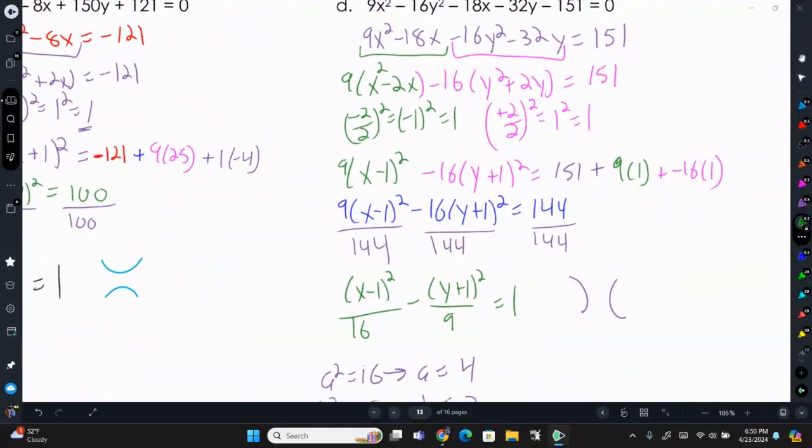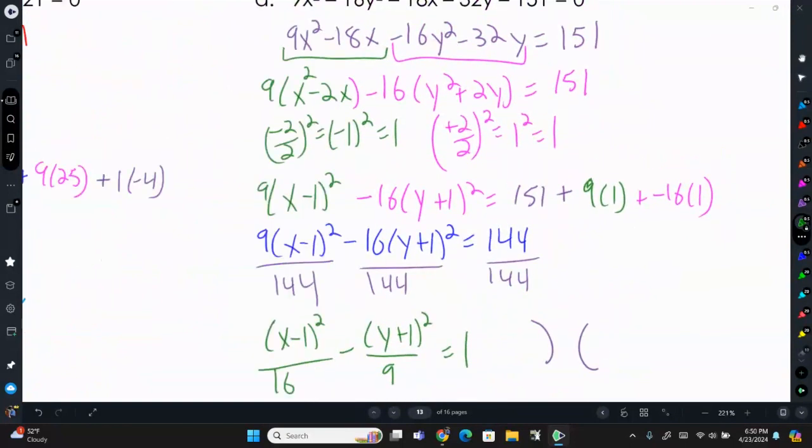All right, so looking at this, remember at this point here, when we factored out this 16, it's a negative 16, so that's why it changed to y squared plus 2y.